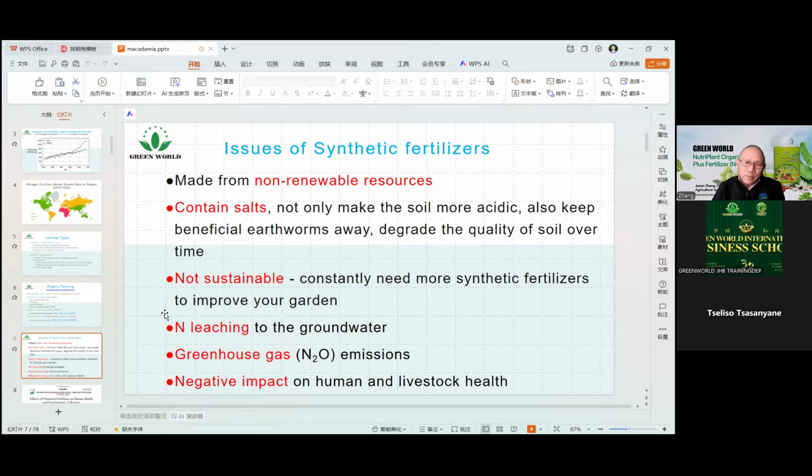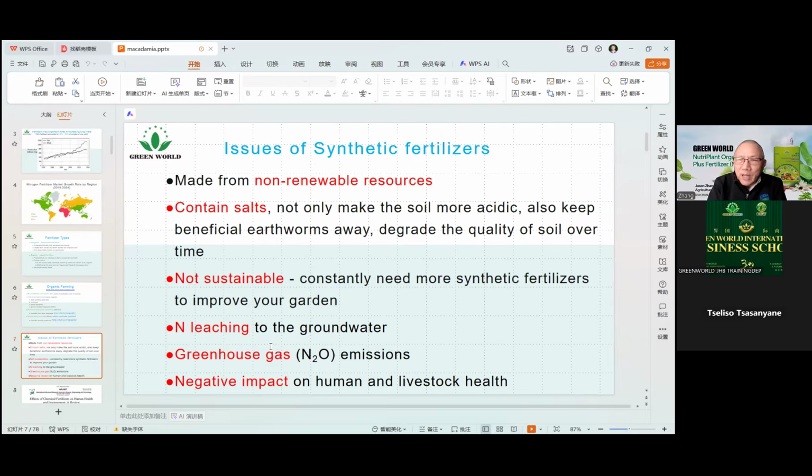Nitrogen, for example, can be washed away into the groundwater, and it also goes into the air. They say about 70% of the air is nitrogen. Where is all this coming from? It is coming from civilization and industry, including high nitrogen emissions, and it will be very difficult to control.